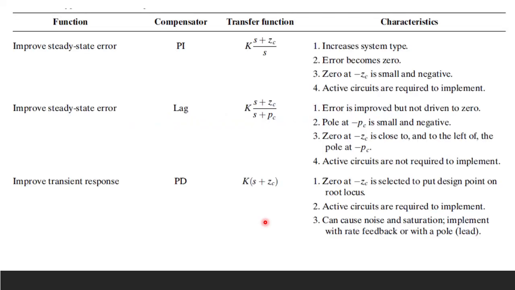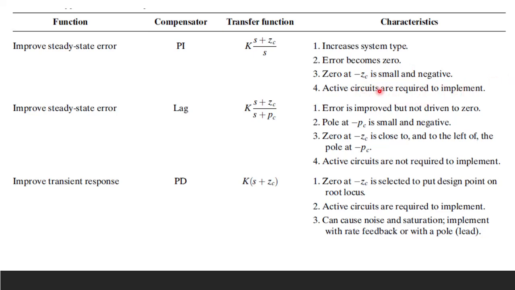Of course, we know the PI control, the basic controller which we have just studied and discussed in detail. The basic function is to improve the steady state error. It increases the system type because we added an additional zero and pole here, and error becomes zero for particular inputs. The zero at minus Zc is small and negative, and active circuits are required for the electrical part.